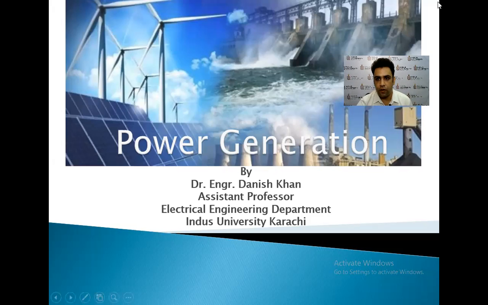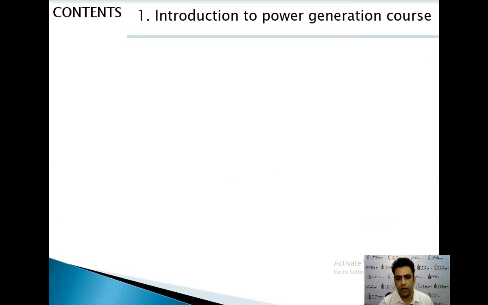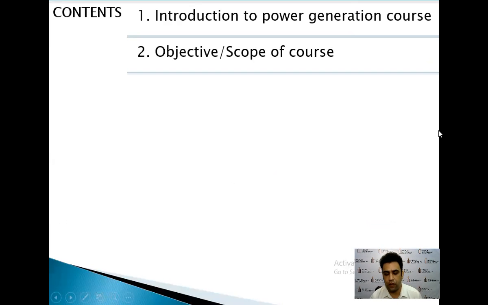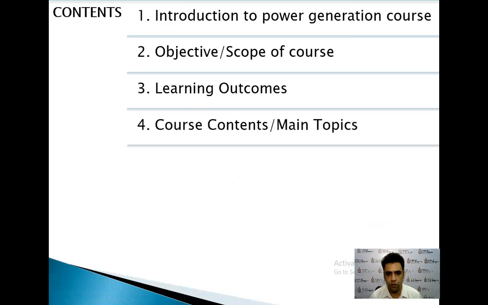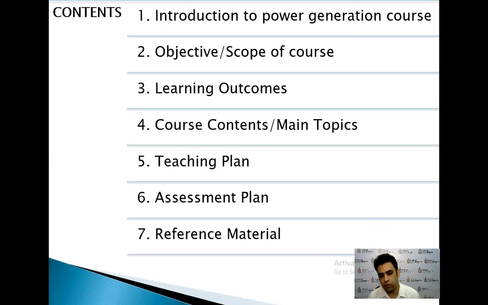So the contents of my today's presentation are: firstly, we will know about the introduction to power generation course, and then I will explain objectives, learning outcomes, course contents, and some main topics, teaching plan, and assessment plan, and I will also show from which material, which books, papers, and sources I am going to utilize while teaching this course.